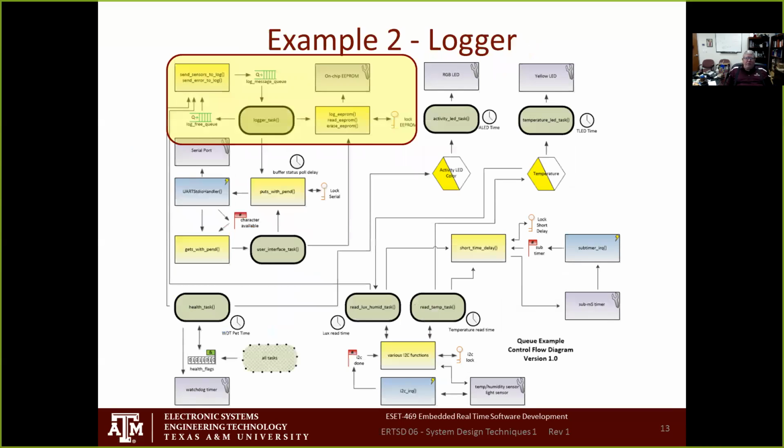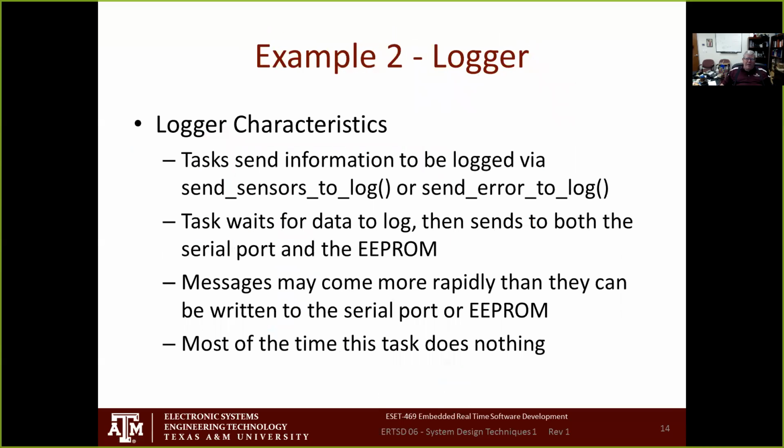Okay, so let's talk about the logger function. And let's talk about some of the characteristics of this function. Basically, with the logger function, tasks are going to send information to be logged into the logger with 2 different calls. We're going to make a send sensors to log call, which is going to log sensor information periodically.